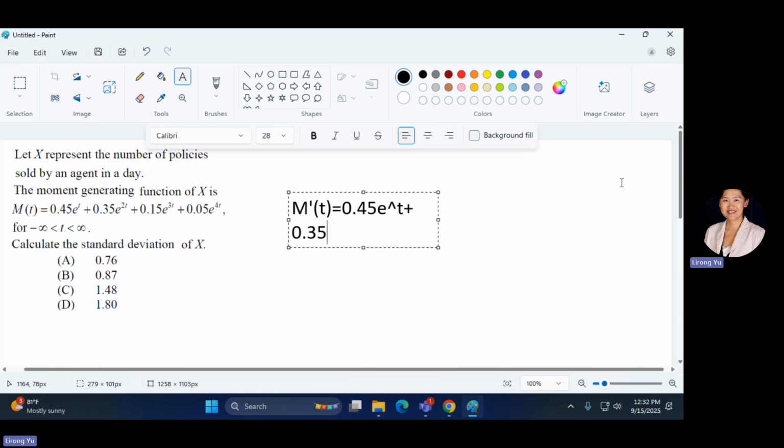The derivative is 2 times, so it's 0.7 e to the 2t. And then 0.15 multiplied by 3 times e to the 3t, which is 0.45 e to the 3t. The last one is 0.05 times 4, and then e to the power of 4t.